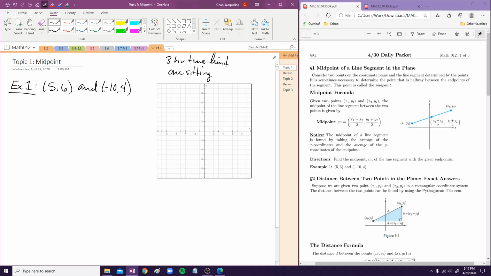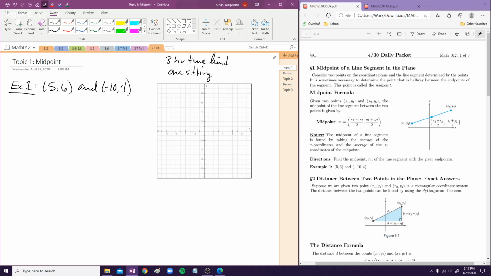That is the midpoint, but how do we find the midpoint? Luckily for us, there is a midpoint formula, and the midpoint formula states that given 2 points x1, y1, and x2, y2, the midpoint of the line segment between the 2 points is given by midpoint M, where M stands for midpoint, is equal to, and then the x coordinate is x1 plus x2 over 2, and then the y coordinate is y1 plus y2 over 2.